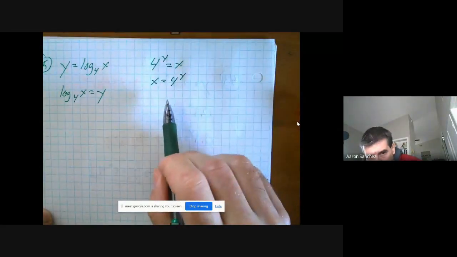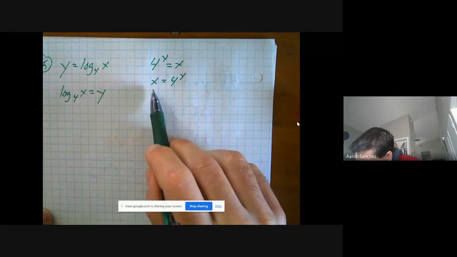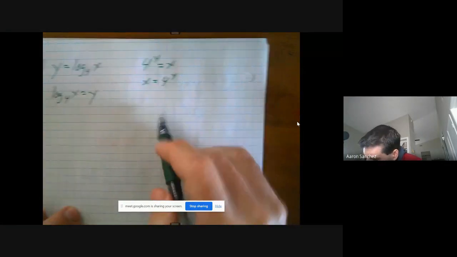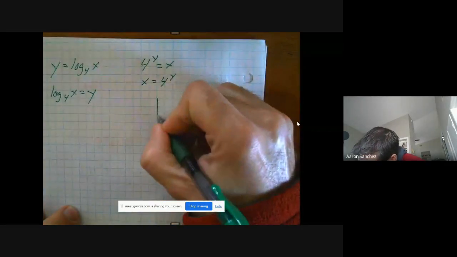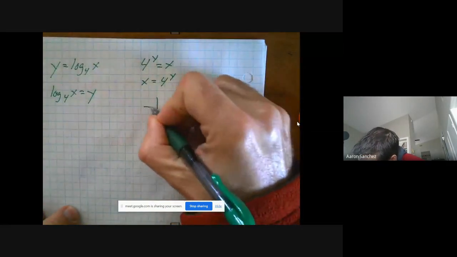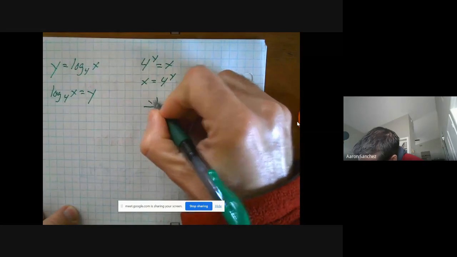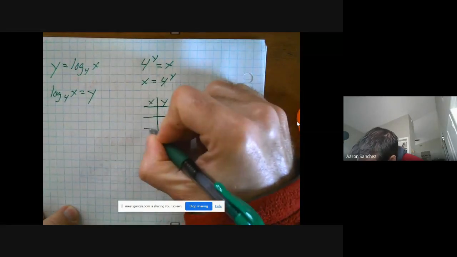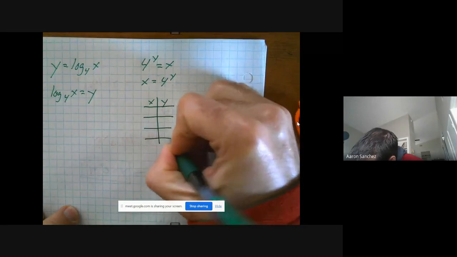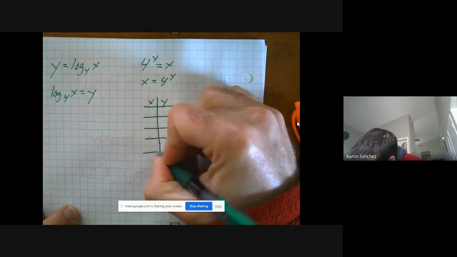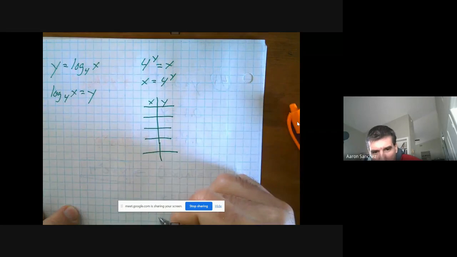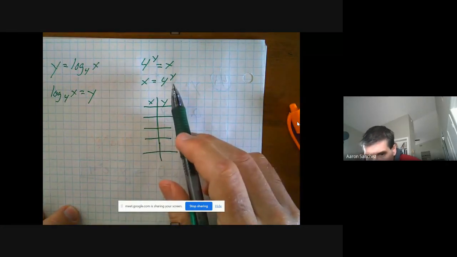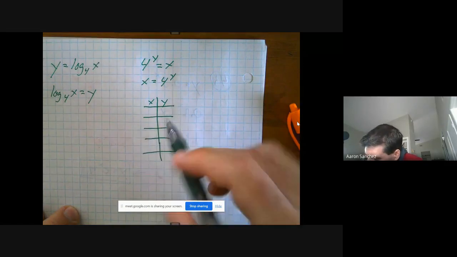Normally, we plug in an x and solve for a y, but the y is now an exponent. So guess what? We're going to switch it up a bit here. We're going to plug in y and solve for x. So let's make a chart. Make a chart with me. Let's plug in y and solve for x.